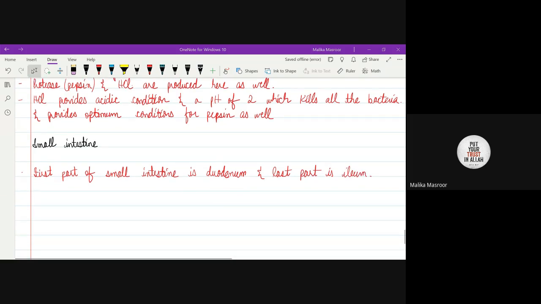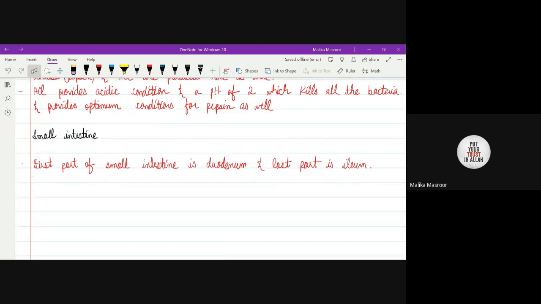The point is that the pancreas also pours its secretions into the duodenum. So let's talk about the pancreas. The pancreas is a cream-colored gland that produces pancreatic juice or pancreatic fluid.